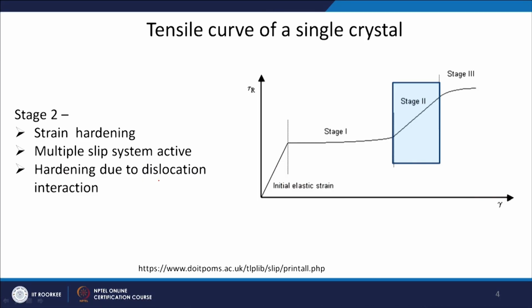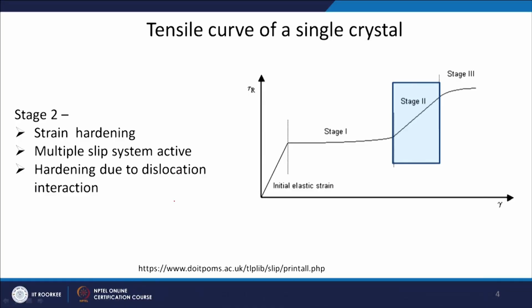So it is giving a response in the form of higher stress required for deformation. This is hardening due to dislocation interaction. As I told you, multiple slip systems become active after a certain point, and that is because of crystal rotation.